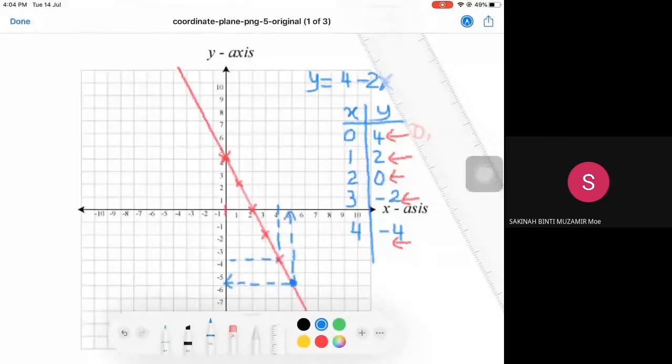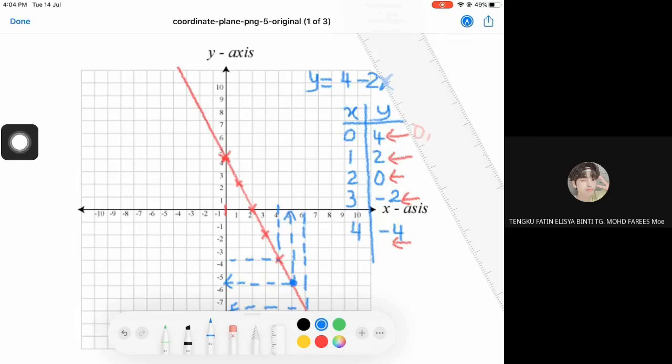Begitulah value-value seterusnya. Cuba you baca when X is 6, what is the value of Y? Negative 8. Kan? Negative 8. Tengok pula belah sini, belah negatif pula. Bila X negative 2, bacalah, tarik naik atas sampai jumpa straight line tadi, yang merah tu. And then map this graph onto Y axis.